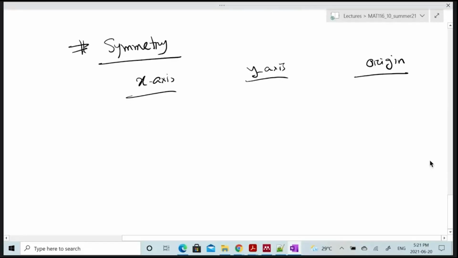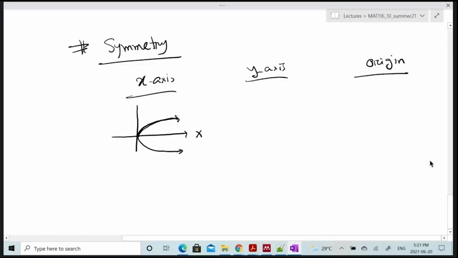And what does x-axis symmetry mean? Y is gonna be negative. Whatever pattern of the graph you have above the x-axis, you are gonna have the same pattern below the x-axis.